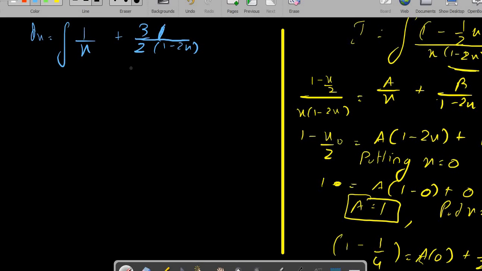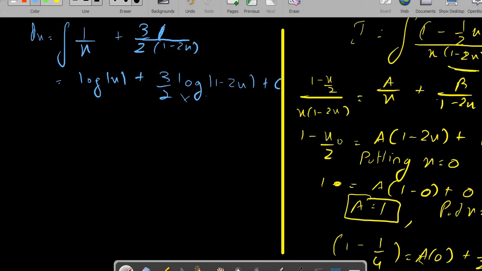Simple. Now individually integrate, I'm not writing dx because it's getting a little lengthier. So this would be log of x, easy, while this would be 3 by 2 log of 1 minus 2x plus c.